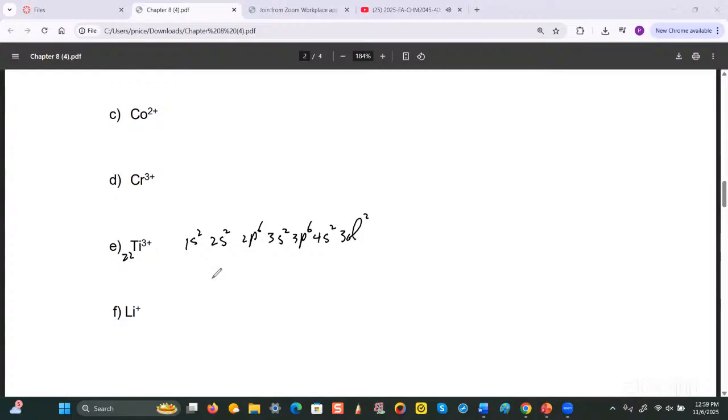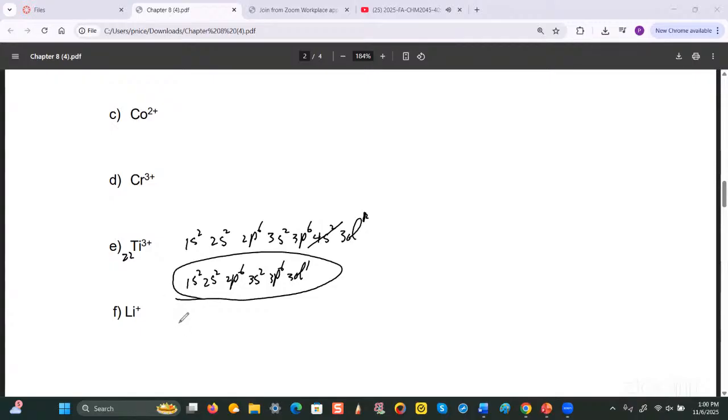That's titanium. For titanium 3+, we need to remove 3 electrons. Where would you start removing them from? 4s2, and then 3d, so you're going to end up with one here. The final answer would be 1s2, 2s2, 2p6, 3s2, 3p6, and then 3d1. This would be the answer right here.